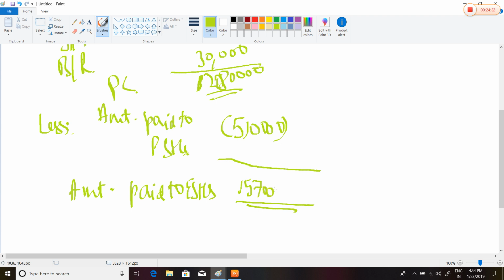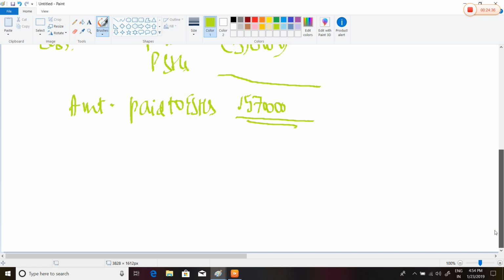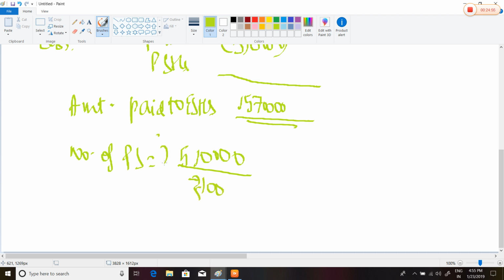Now they have asked us to calculate the number of equity shares and preference shares to be allotted. Number of preference shares to be allotted: the preference shares payment is 5 lakh 10,000 divided by rupees 100 per share. Number of shares allotted is 5,100 shares.